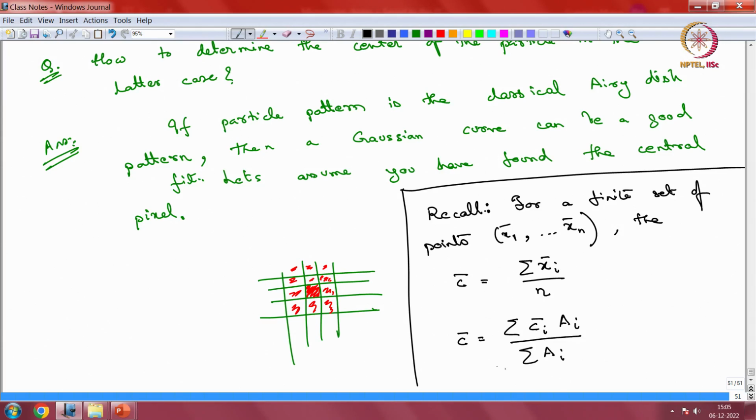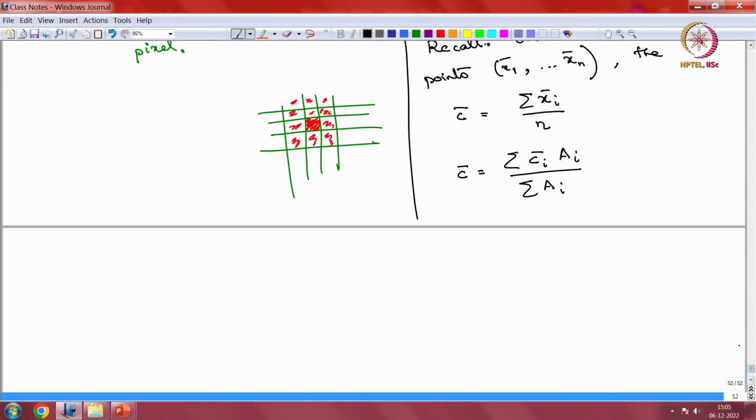Now, this formula here should give us an example of what we can do. For a case like this, you can see that the centroid in the second case is weighted by the areas that it represents.